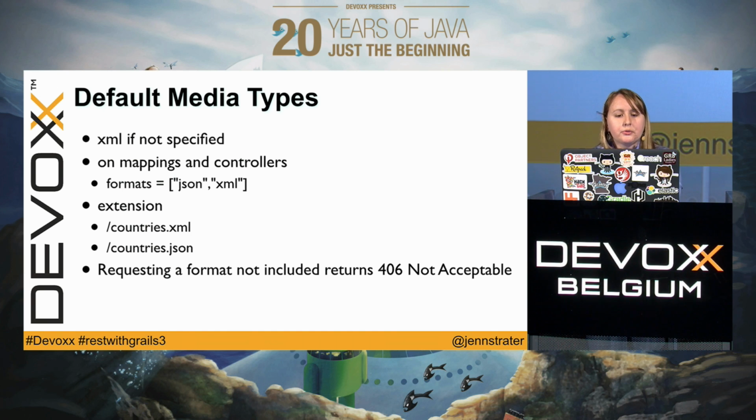One of the other things I found really cool about Grails, and it's not really 3 specific, was that you can request it by the URI extension. So if you go to like /countries.xml, and I have the format above where it's JSON and XML, even though JSON's the default, I can request XML just by the URI, and I thought that was pretty cool.